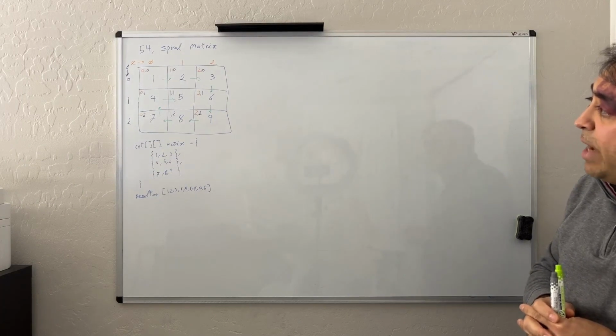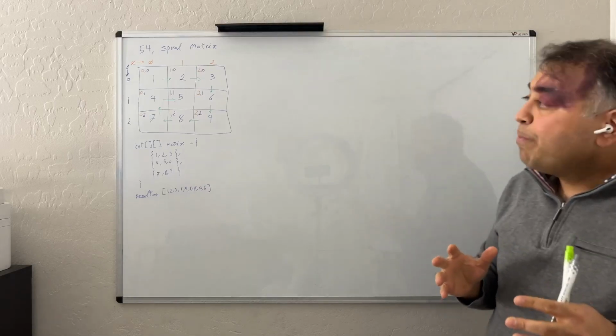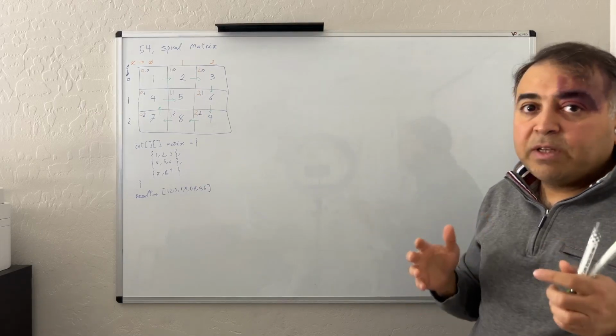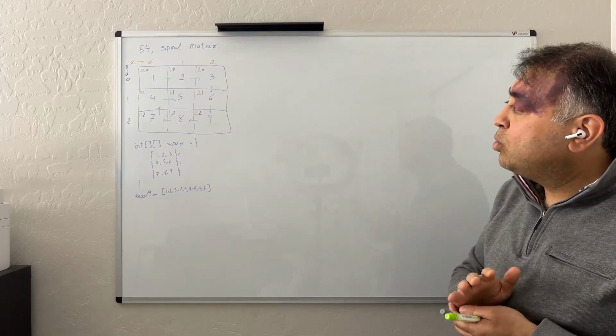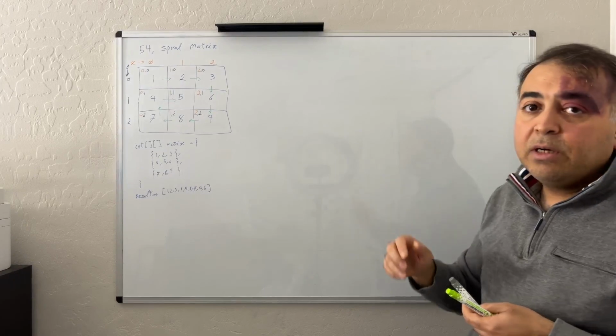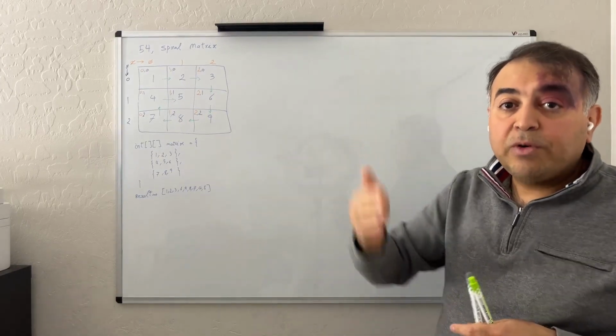So how do we want to solve this problem? Let's see what we have here. Most of the time when we are working on matrix problems, not always, we need two pointers, one pointer that moves vertically and the other that moves horizontally.